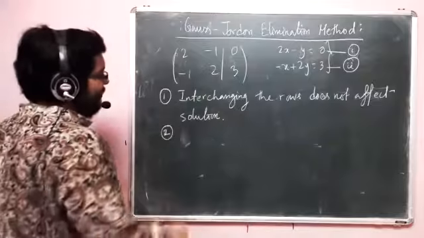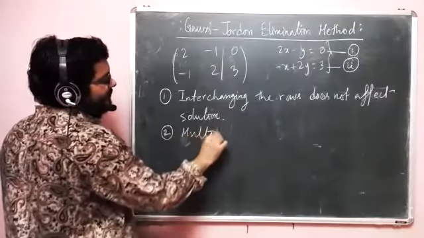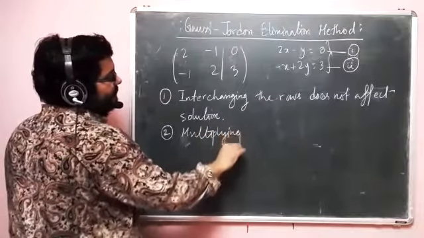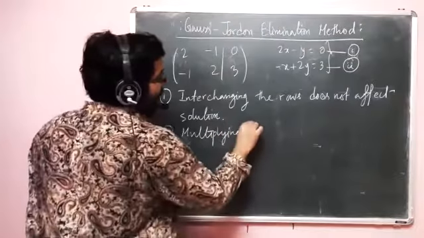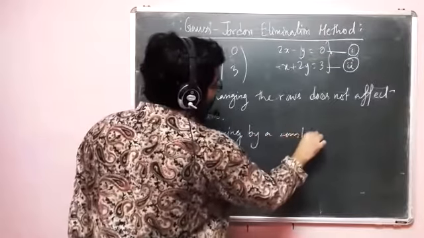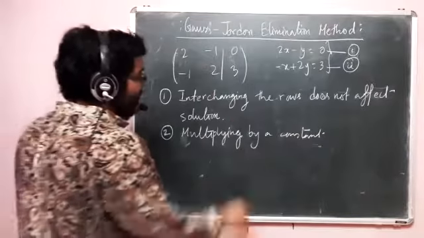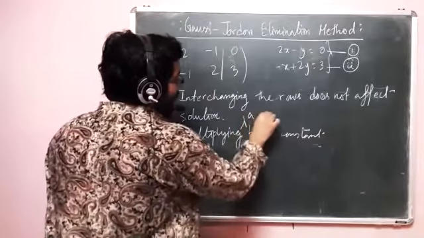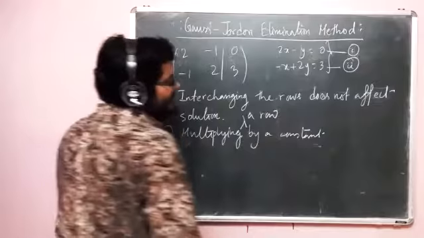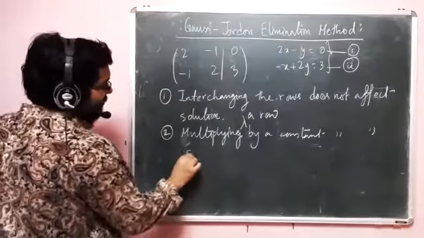So that means multiplying by a constant. It will be written like this: multiplying a row by a constant again doesn't affect the solution, right?